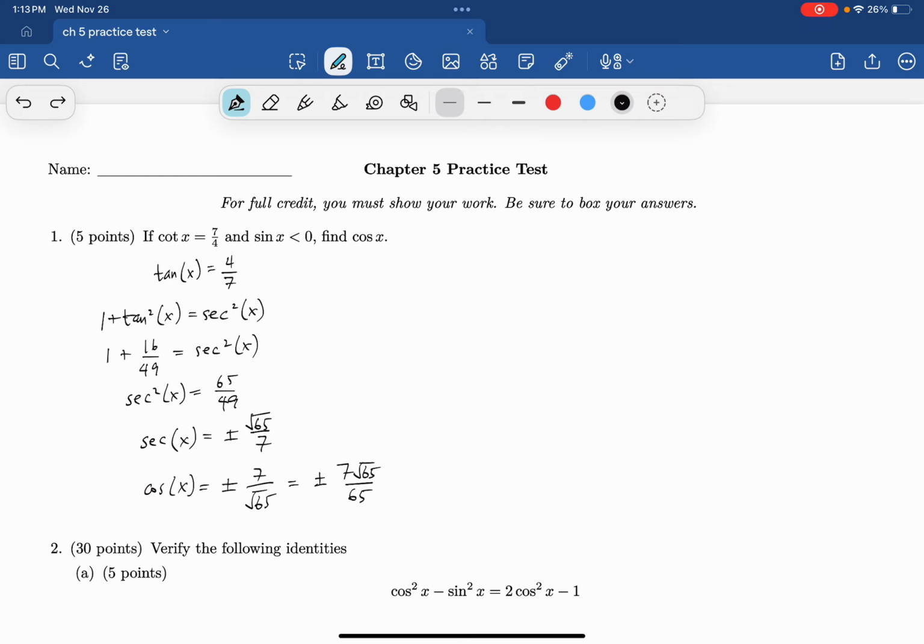And so if tangent is greater than 0 and sine is less than 0, then because tangent is equal to sine over cosine, that means cosine must also be negative. And so we have to choose the negative version here. All right, and so that means that the final answer is cosine x equals negative 7 root 65 over 65.